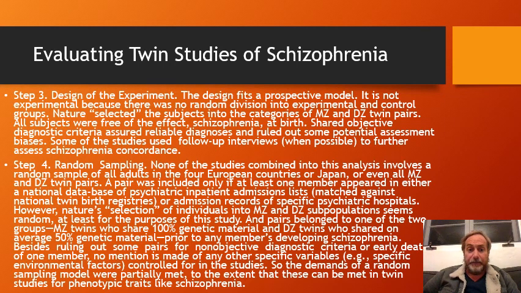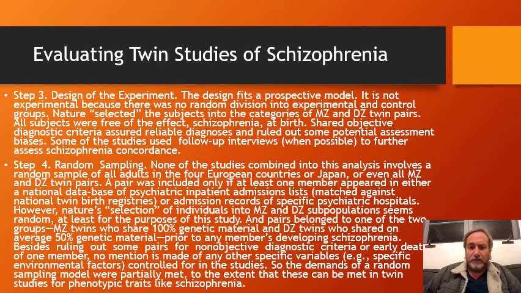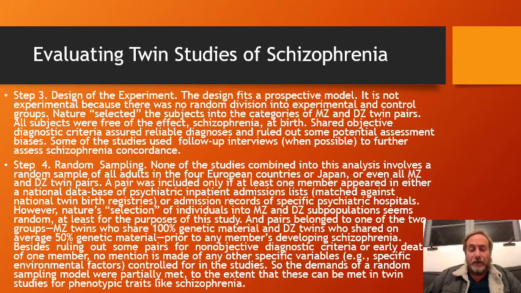And so this is prospective, and we're going to explain in a moment what makes it prospective, even though in time they were looking at the effect variable, schizophrenia, and then trying to match them to their twins. But at any rate, it was not random.